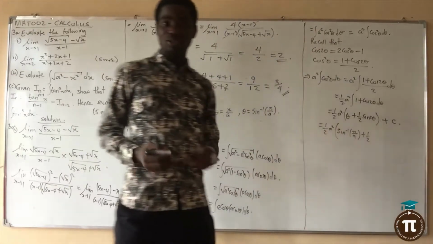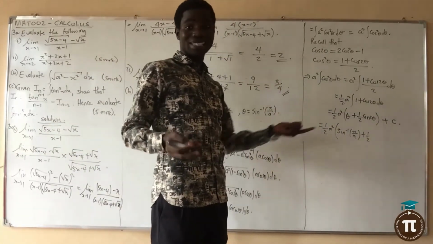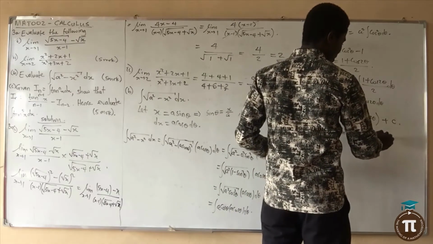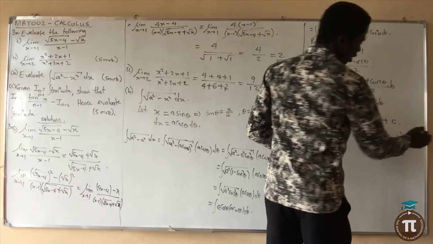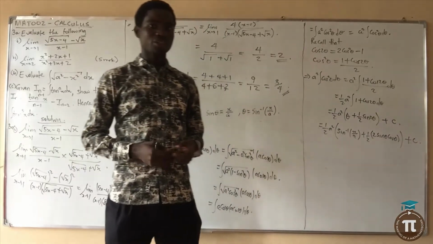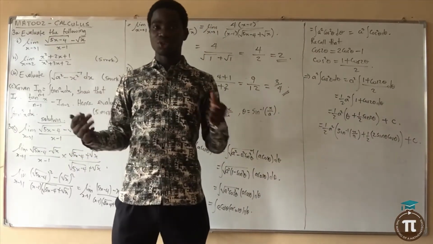Now I want to get sine 2 theta. Actually, to get sine 2 theta, you need to also use another identity there. The identity to use is to know that sine 2 theta is 2 sine theta cos theta. For you to be able to really evaluate integration very well, you need to understand the basic knowledge of trigonometry.